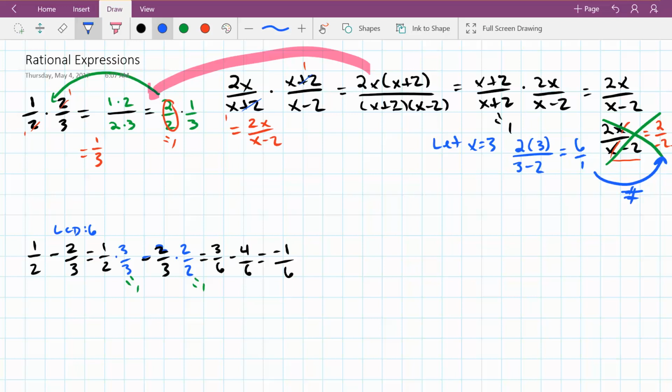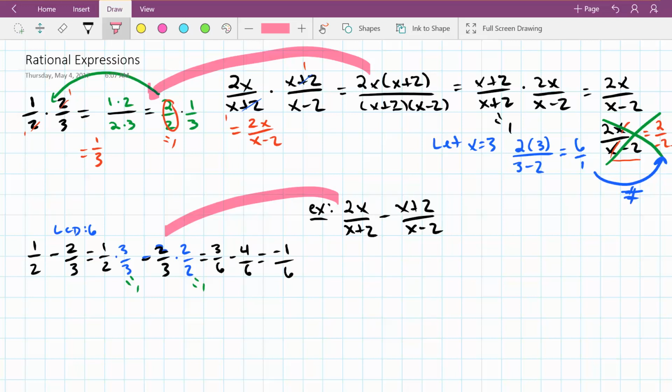Okay, moving on. Let's take the same problem. Kind of getting cluttered a little bit. 2x over x plus 2, but let's subtract. Again, just as we did before, when we do addition or subtraction, we have to get an LCD.